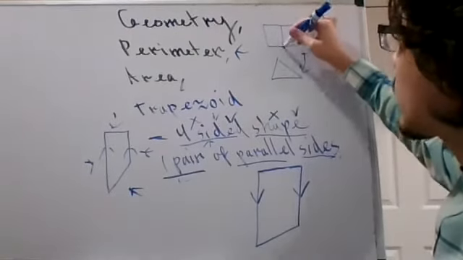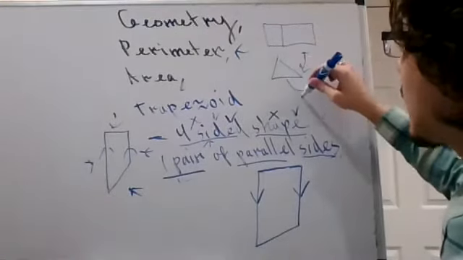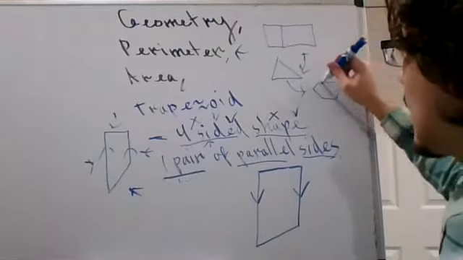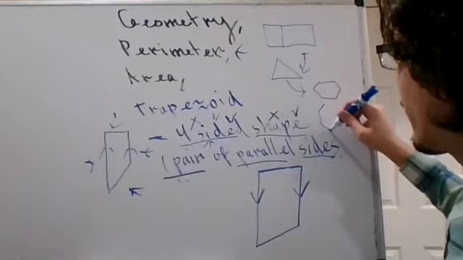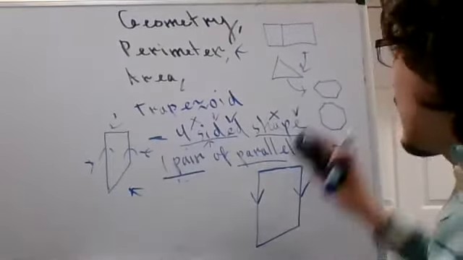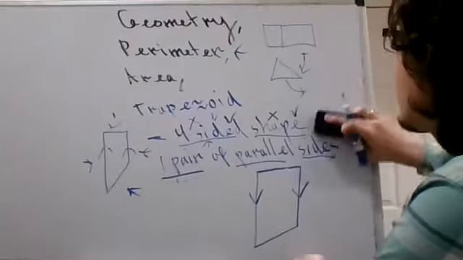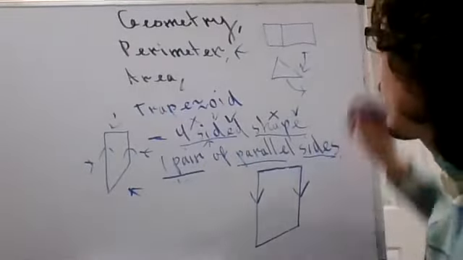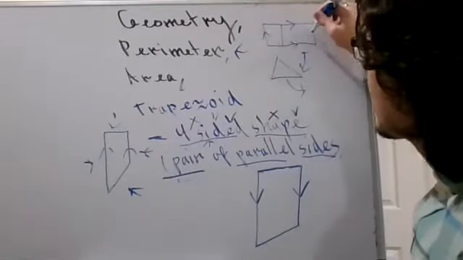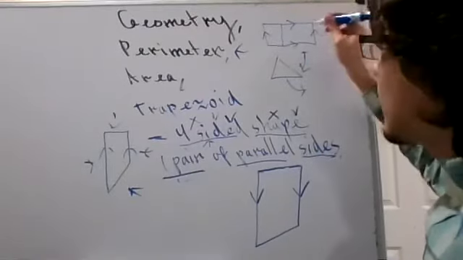Whether it's squares, and triangles can be turned into hexagons and so forth. So if we think about this in terms of rectangles and triangles, what we know about rectangles is that it has two sets of parallel sides.